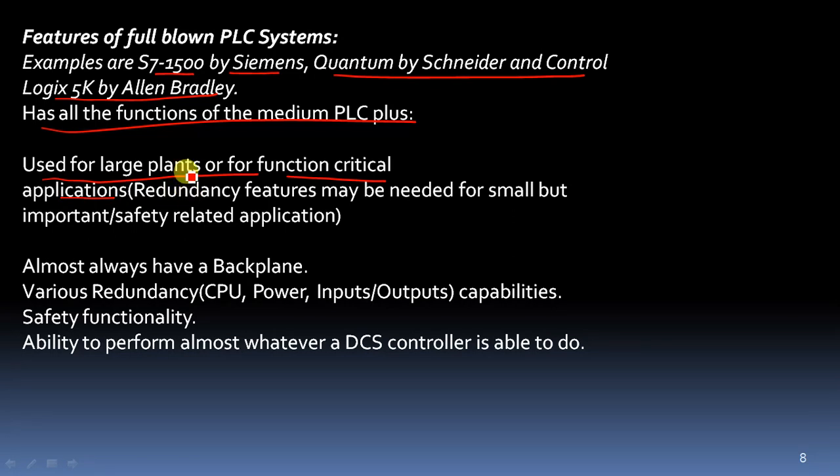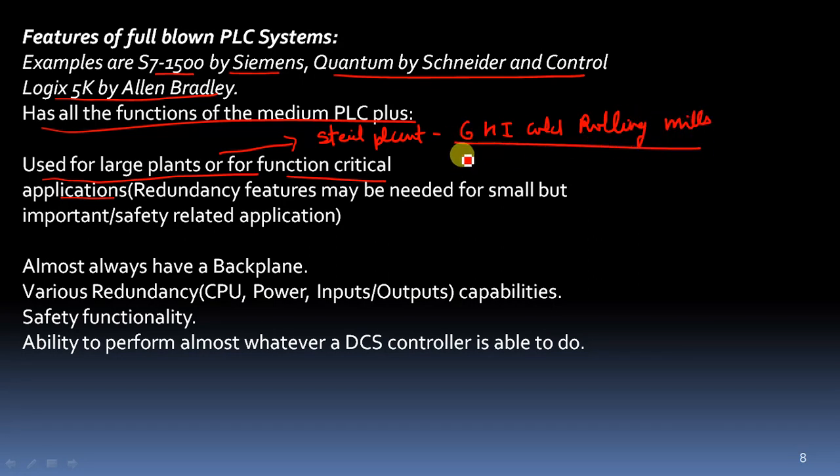Means where we require, where you have got, let's say in a steel plant, you have got these 6HI cold rolling mills. Where you convert hot rolled sheets into cold rolled sheets.